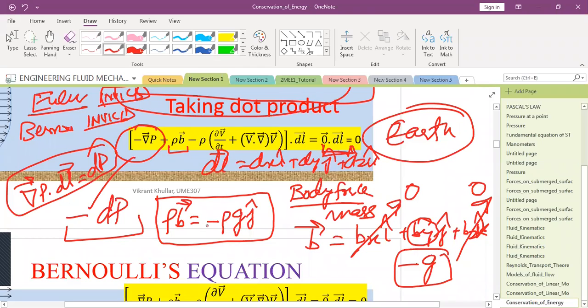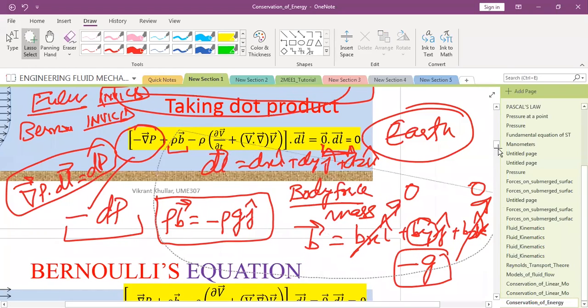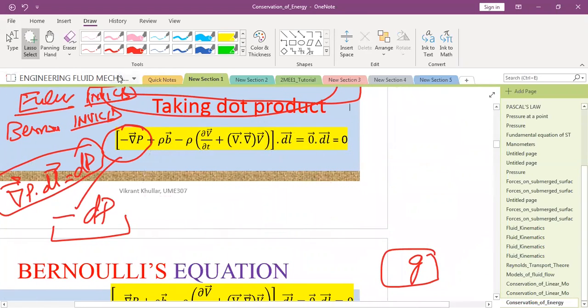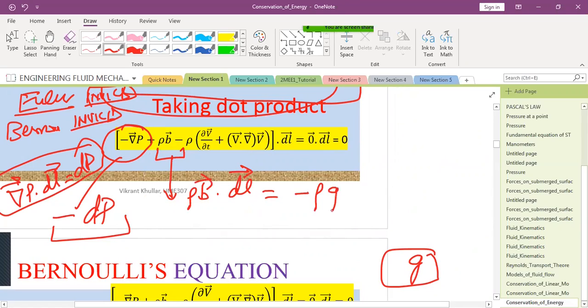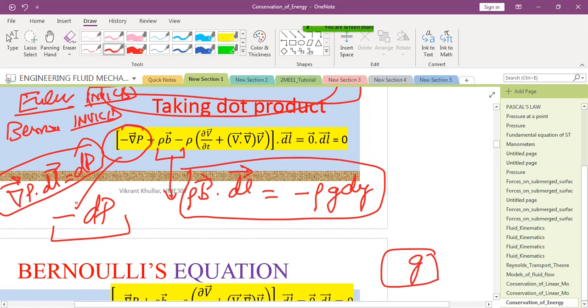I am deleting everything from this part and simply writing down this term: rho b dot dl has now become equal to minus rho g dy. Any doubts? So we have made simplification for this term and this term. Any doubts to anyone?